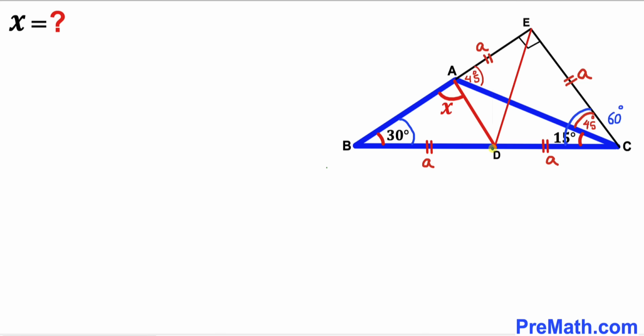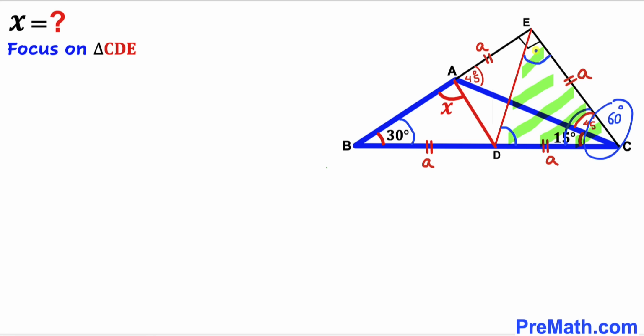In this next step, I have connected points D and E. Now we are going to focus on this triangle CDE. We can see that in this triangle, side CD equals side CE. So we conclude that this angle has got to be congruent to this angle. We know this angle is 60 degrees.